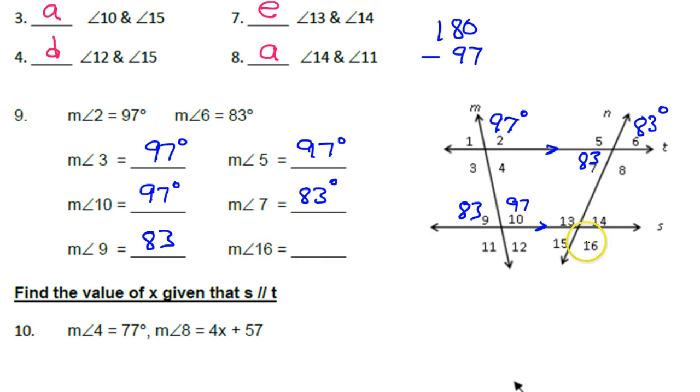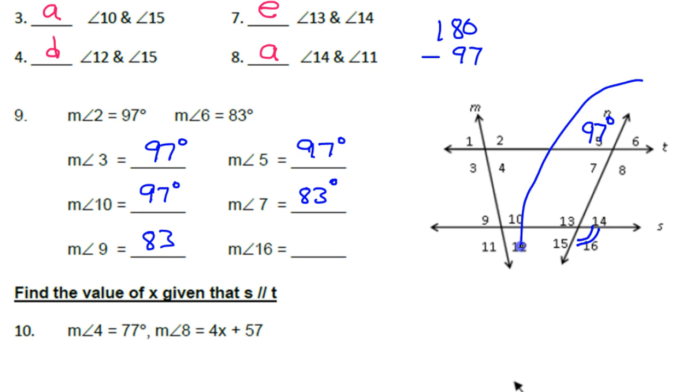And angle 16. I didn't write it down, but a while ago we found that the measure of angle 5 was 97. So let me write that in right now. Angle 5 was 97 degrees. So there's my 97 again. And now we're being asked for 16.